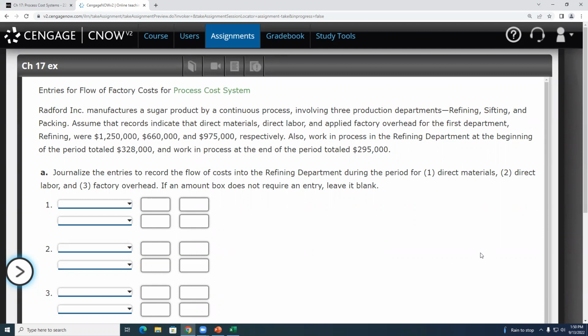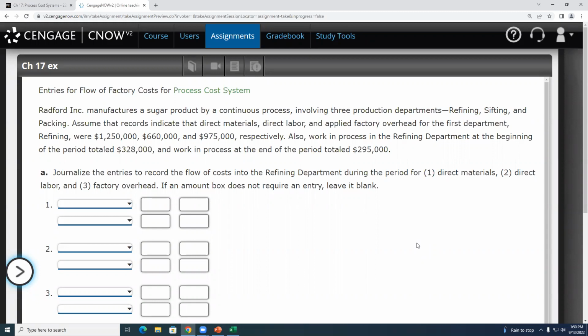But the first 2 exercises, there's really nothing new there beyond what we did in chapter 15 and 16, because it's talking about the flow of cost through the inventory accounts in a manufacturing company's accounting information system.